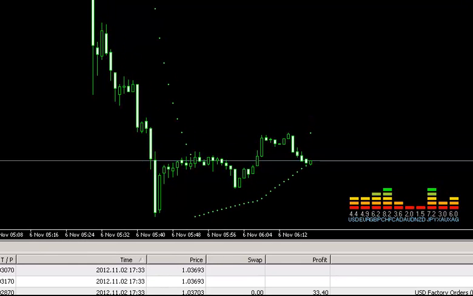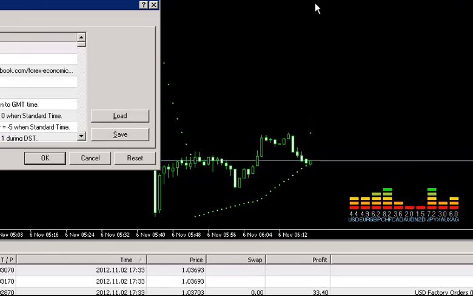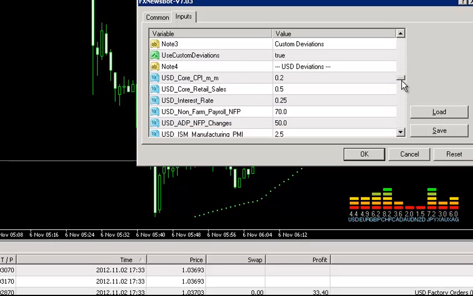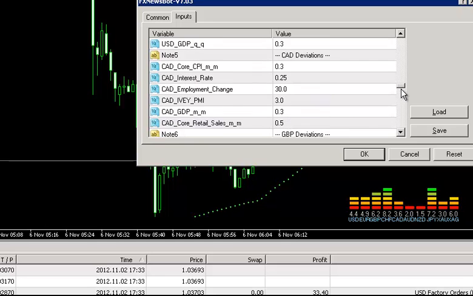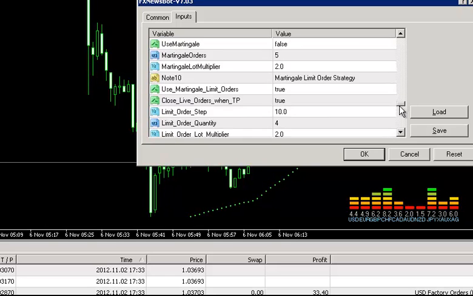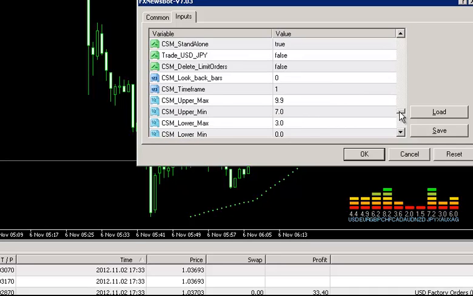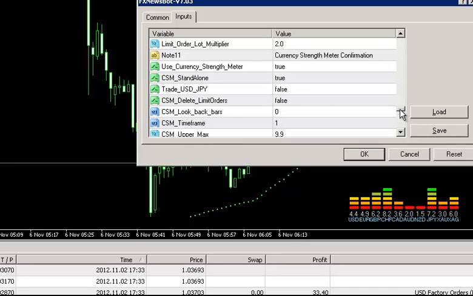And it even has a mode where if you put on the currency meter USD and yen pairs, it'll trade all USD and yen pairs. It'll open sell orders when USD is showing strength and yen is showing strength.